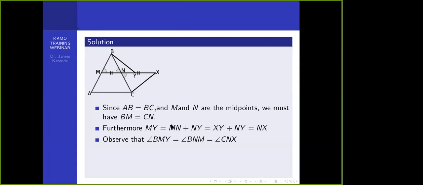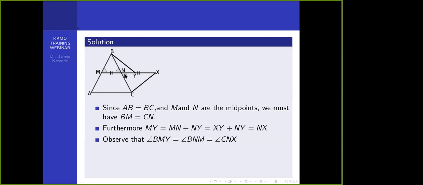So that means the following angles will be equal. BMY, which is this angle here, should be equal to BNM. That is because this triangle BMN is also an isosceles triangle, so these two must be equal. Then that must be equal to this angle here, which is vertically opposite, CNX.